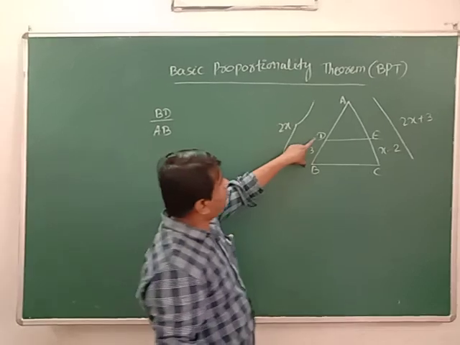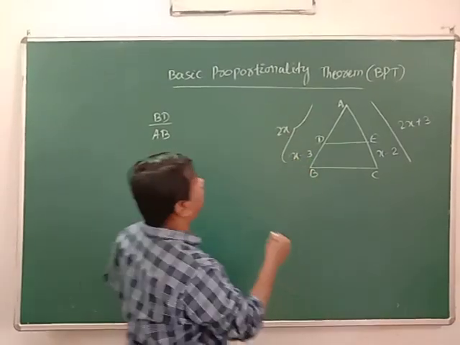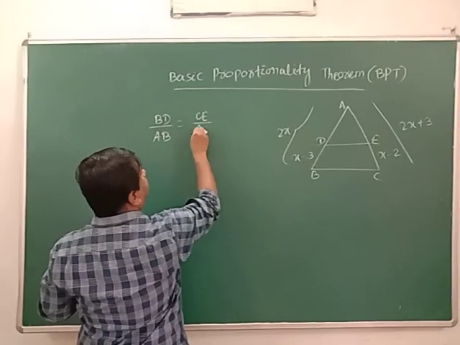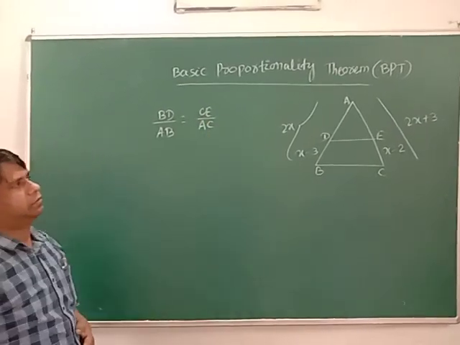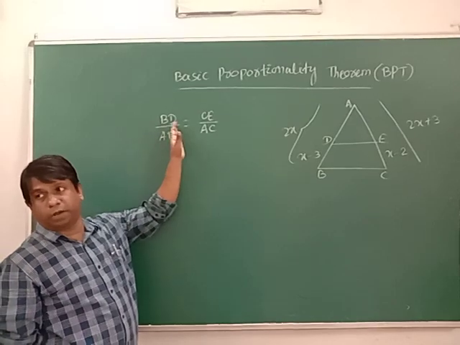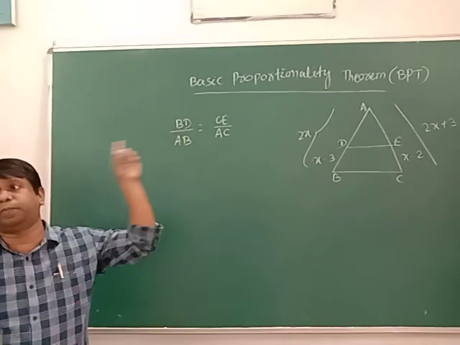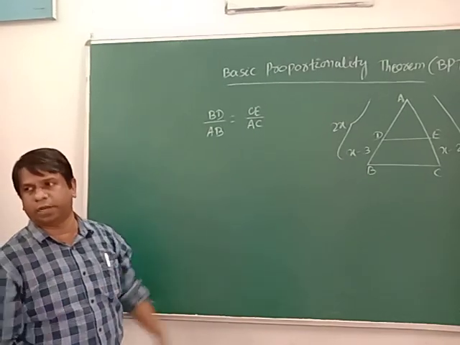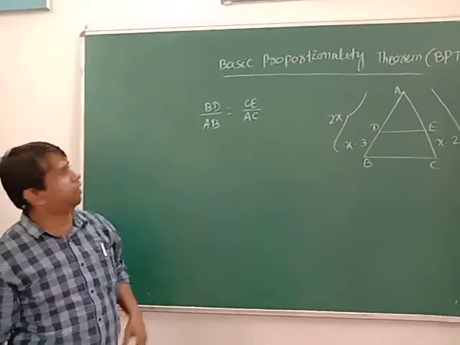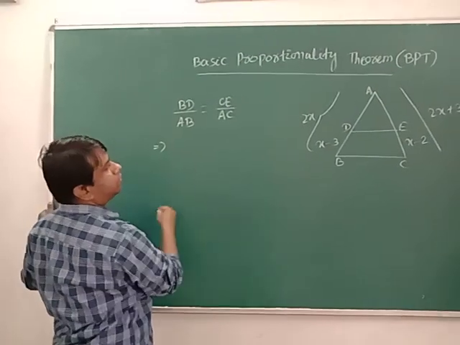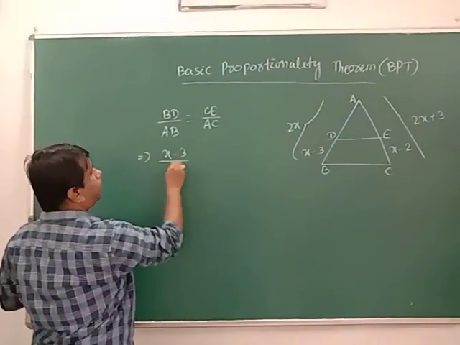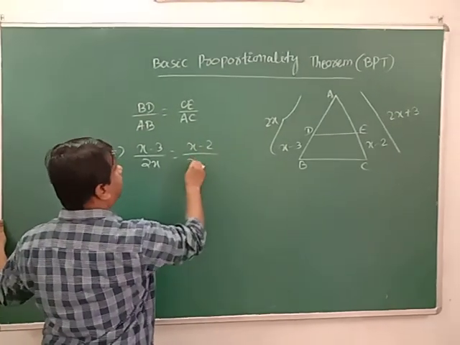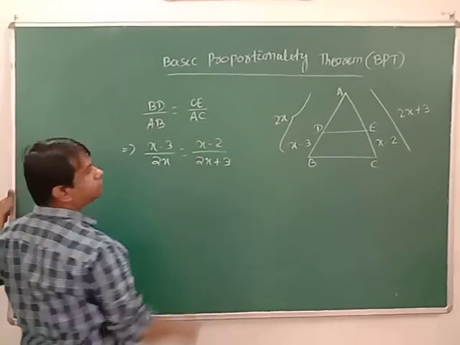So BD by AB, I can write CE by AC. You see what I am writing. I am not writing the direct ratio of the basic proportionality theorem, I am writing part by whole. That is called its corollary, or derived. So what is BD here? x minus 3 by 2x is equal to x minus 2 by 2x plus 3.